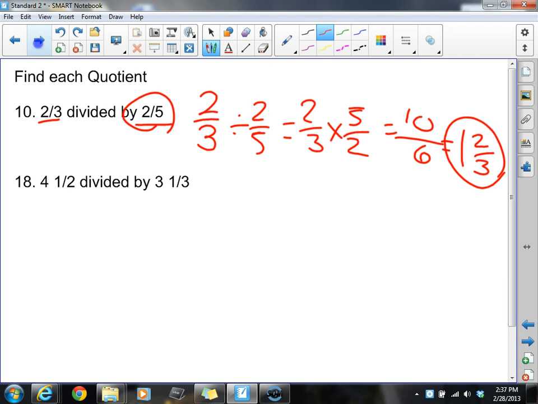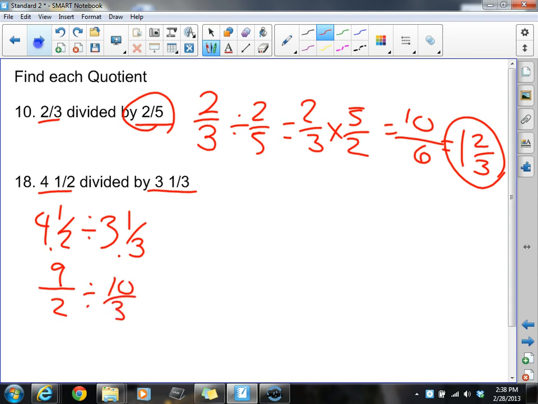All right, and the next one, now we have mixed numbers we're going to be dividing. See these mixed numbers? So let's write it out again. 4 and 1/2 divided by 3 and 1/3. Now, you're going to do the exact same thing as with multiplication and make these improper fractions. So it's going to be 9/2 divided by 10/3.